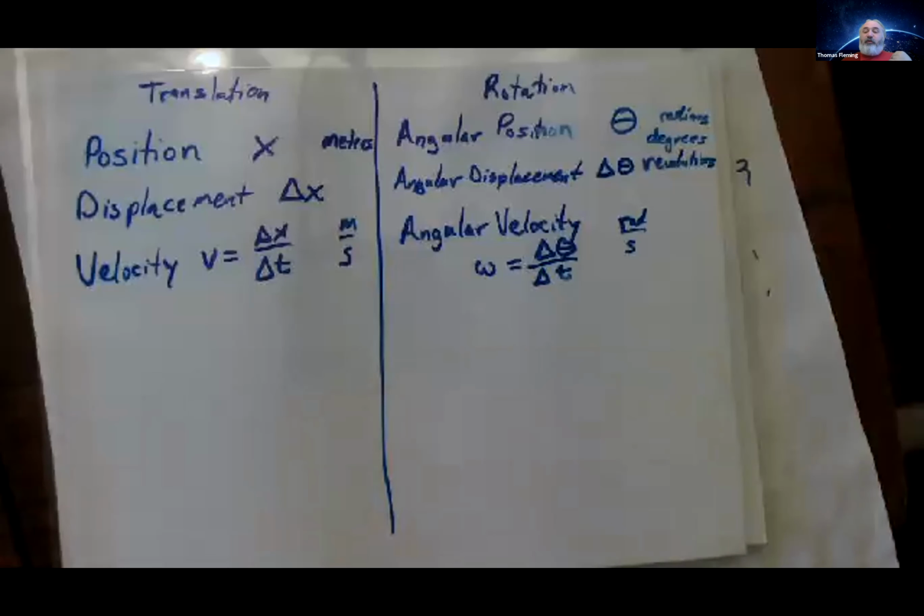The way the angular displacement and the angular position might be different is, imagine I had an object that started off at pi over 4, or 45 degrees. It moves to pi over 2, or 90 degrees. So it rotates from here to here. So when it's like this, the angular position is 90 degrees, or pi over 2.